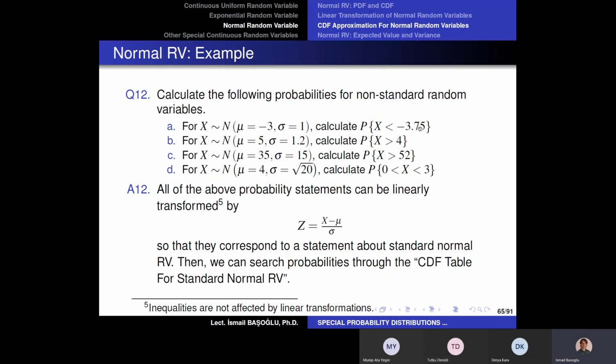So to both parts, I am going to subtract the location parameter -3 and divide by the scale parameter 1. To both sides, I'm going to apply this linear transformation. Then the probability statement will become a statement that belongs to a standard normal random variable.